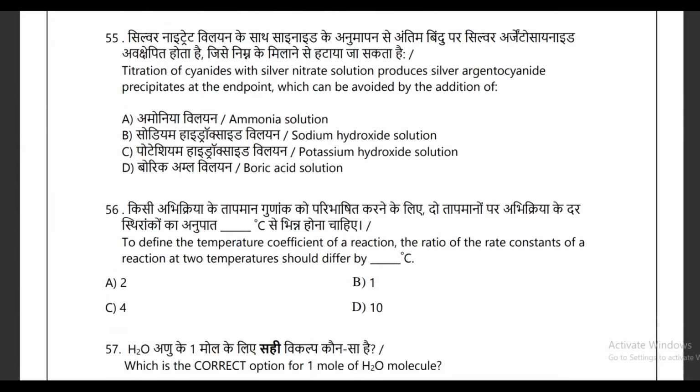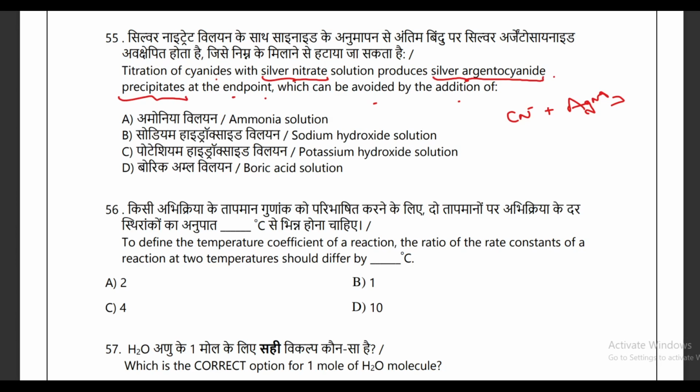In the next question they are talking about titration of cyanide. Okay, titration of cyanide with silver nitrate solution produces silver argentocyanide precipitates at the end point, which can be avoided with the addition of, and there are four options they are providing.